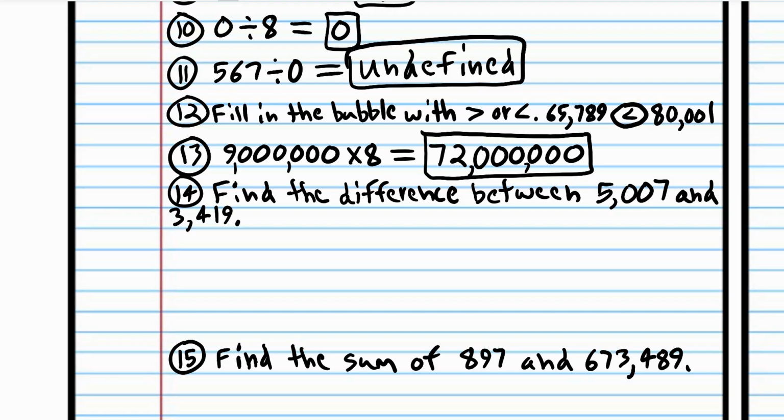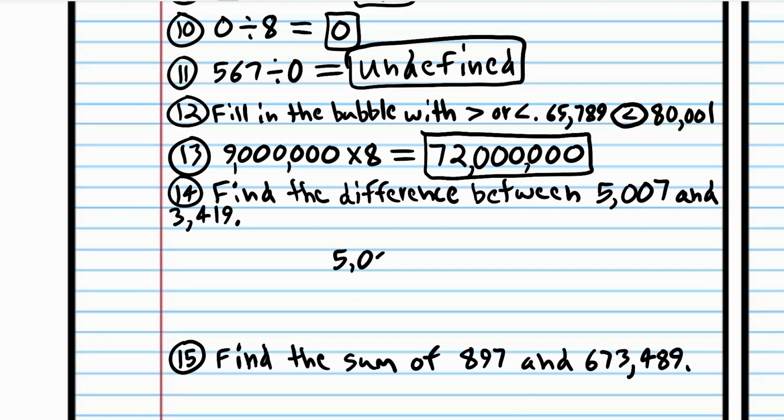Let's say that I have $5,007 in my bank account, and you have $3,419. What is the difference between our bank accounts? Obviously, I have more than you. I have $5,007. You only have $3,419. What is the difference? What that means is just how much more do I have? So if you want to figure out how much more, we use subtraction.